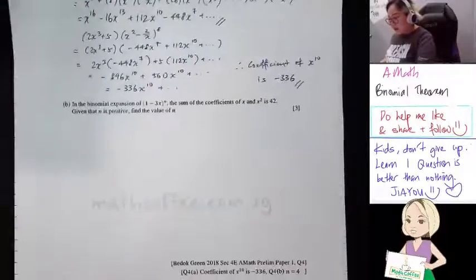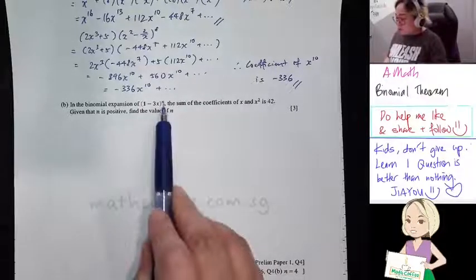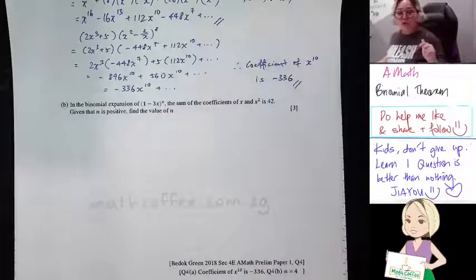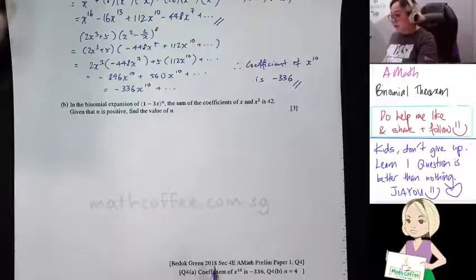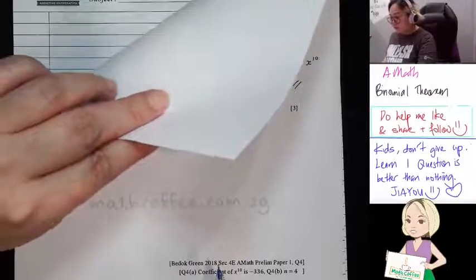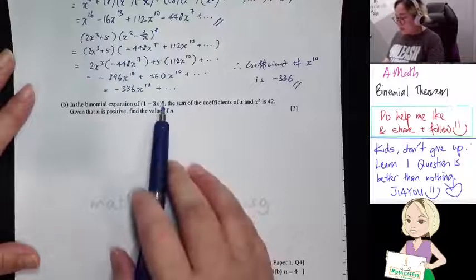Good. The last one, okay, which is not an easy question. Why? Because do you notice that the power is an n? Usually in binomial questions that you see, the power is given. But this one, the power is not given.